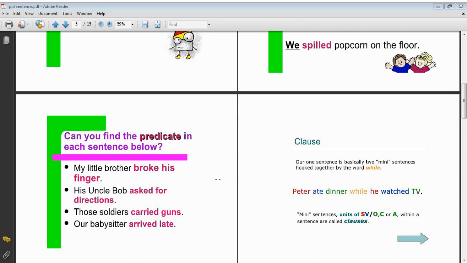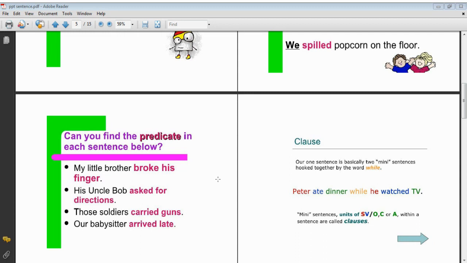So these are mini sentences within a sentence, fine? It is a long sentence, and in a long sentence, we have mini sentences. And how would you say that it is a sentence? Because it does have a subject and a verb. It is a complete sentence giving a complete meaning. So, mini sentences, a sentence within a sentence, is called a clause.